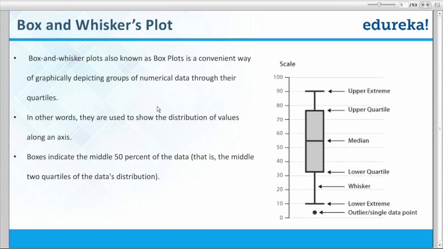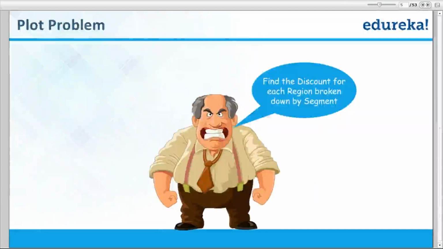Okay. So this is what we do. The box indicates the middle 50% of the data. So this is going to be the median of the data. Where most of your data is going to be, the first half of your data is going to be from here to here. The second half is going to range from here to here. So that's what this box plot is saying to us.